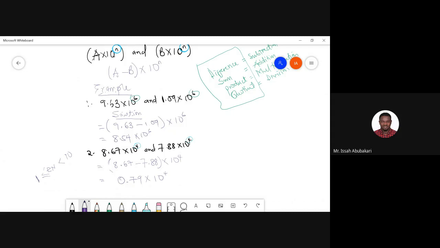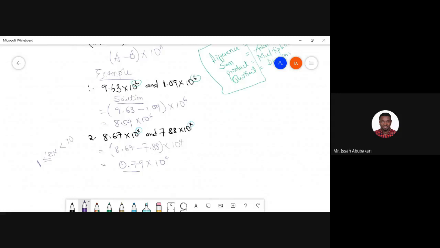But looking at our number, it is less than 1. If it is less than 1, it means it is not qualified to be called exponential notation. So we are going to change this one to exponential notation. Now to change this, you realize that we have to move the point from here to this side, so that we can have 7.9.